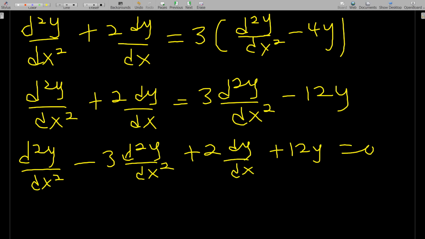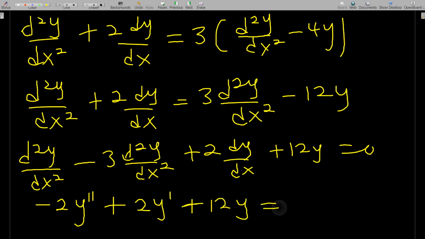Now let me represent the derivatives by just y prime and the rest. So I have 1 of the d squared y ds squared, and I have minus 3 of that. So when I subtract, I get minus 2 d squared y ds squared, and that's the same as y prime, plus 2y prime, plus 12y is equal to 0.